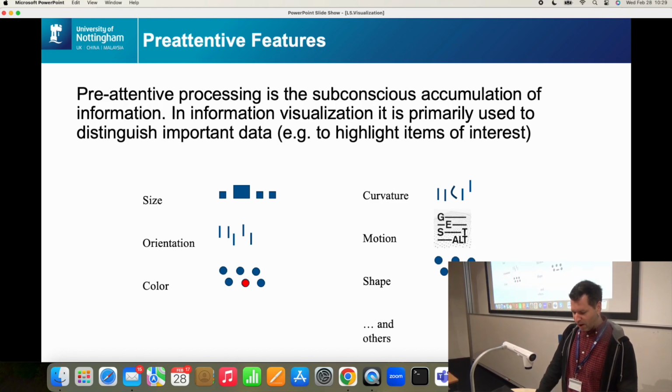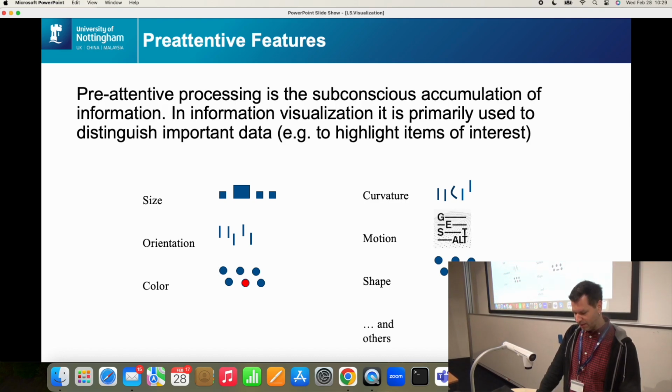So if we're processing something very fast, for example, in less than a half a second, we call that pre-attentive processing. So that's processing that happens in the subconscious very fast, in less than a second, even less than a half of a second, that we're not even aware of, necessarily.